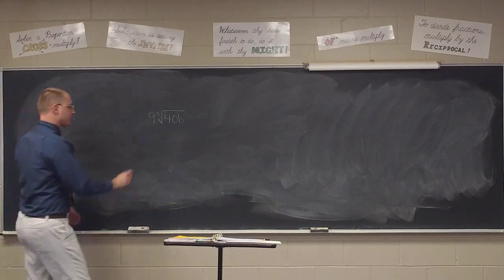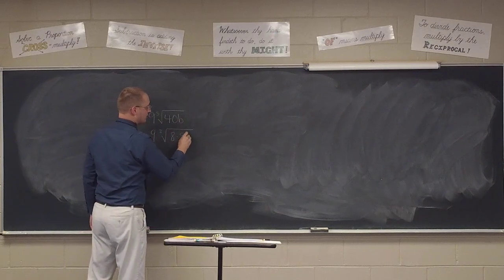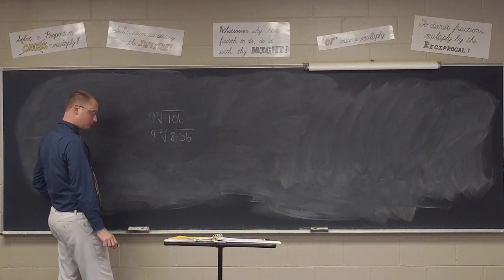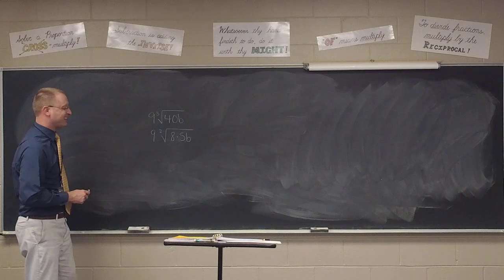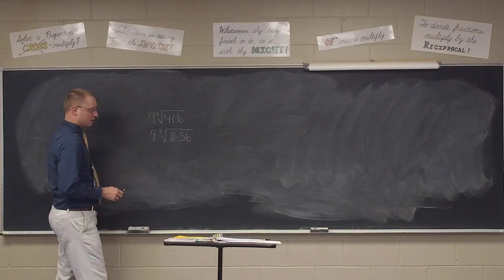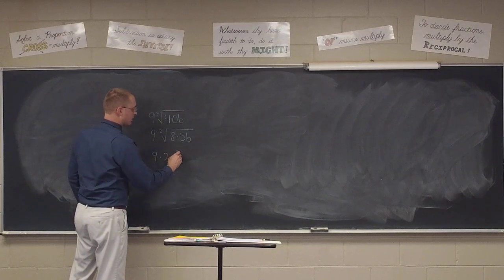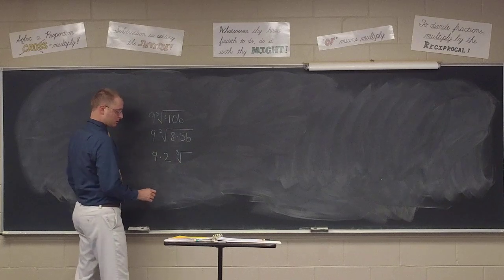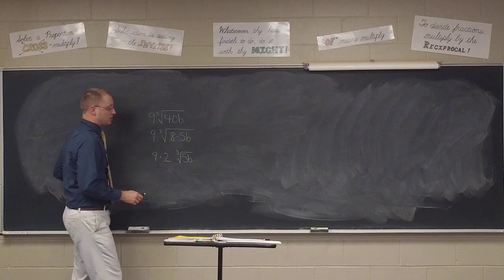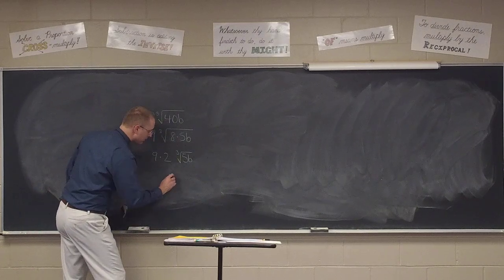Factor that into 8 times 5 and then keep the b. You take the cube root of the 8 to get 9 times 2 times the cube root of 5. There we go, which finishes simplifying into 18 times the cube root of 5b.